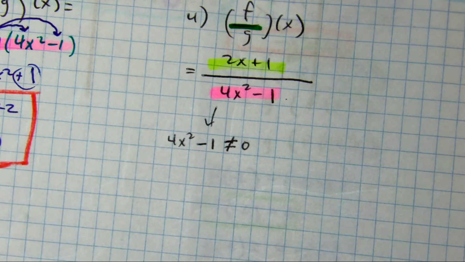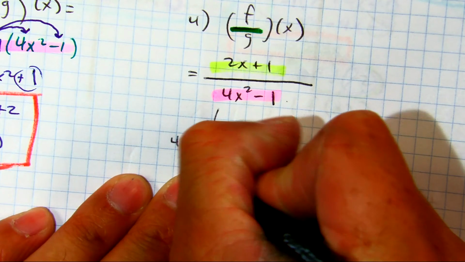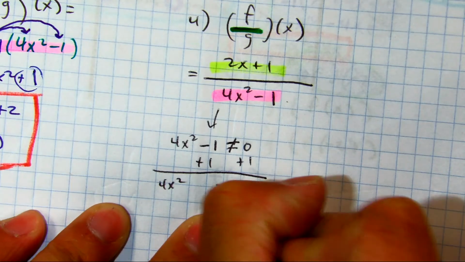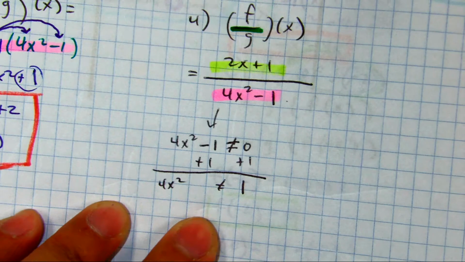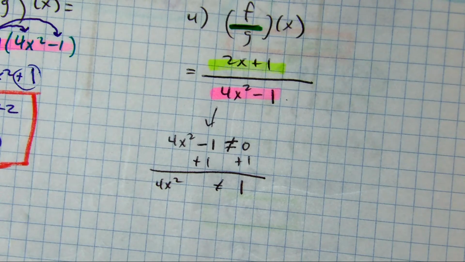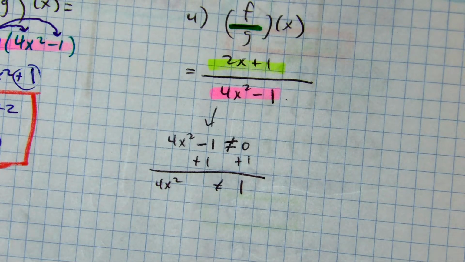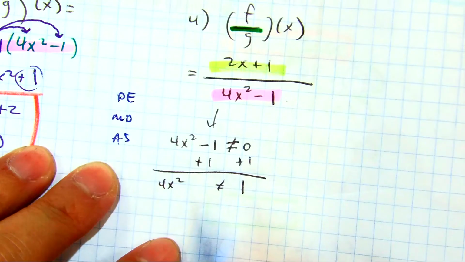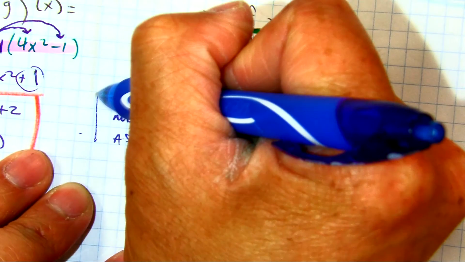So now I'm going to add 1. 4x squared is not equal to 1. And then what do I do next? Divide by 4. You're actually going backwards in PEMDAS when you're solving.